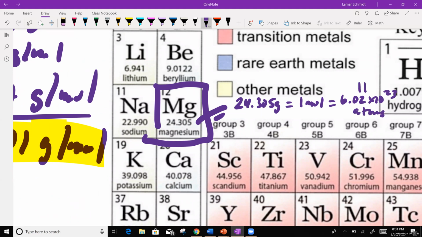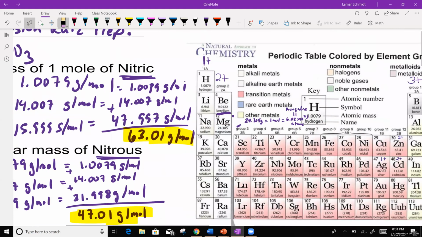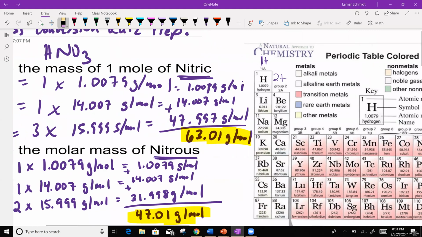And this number is also called Avogadro's number. So it's very important to know that when we see this mass, it is equal to that many atoms, or that many atoms is called 1 mole, which is also called Avogadro's number. So you need to make sure you understand that concept, because that's going to play a big role in understanding the full concept.